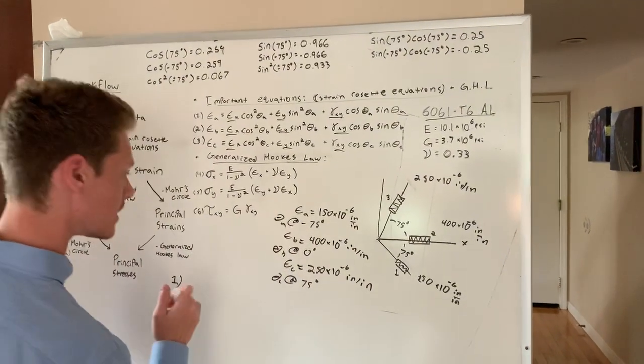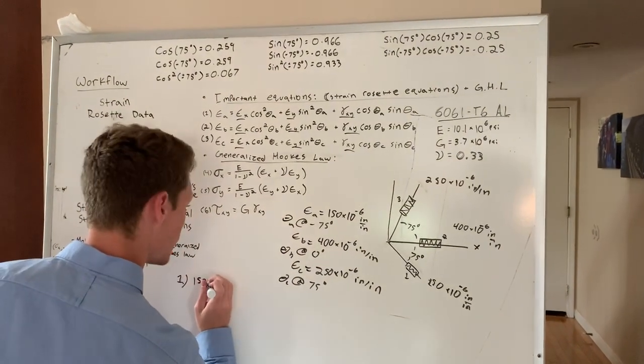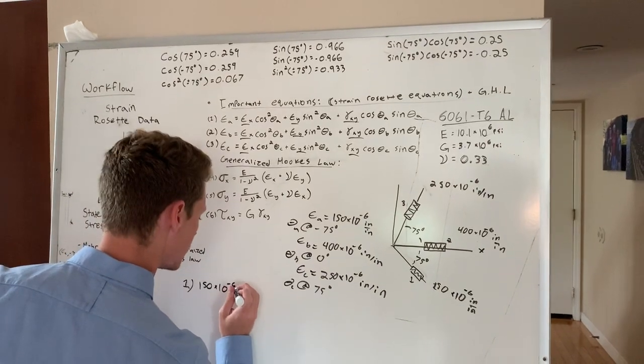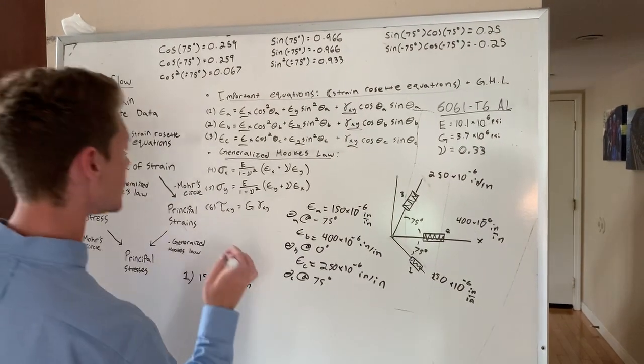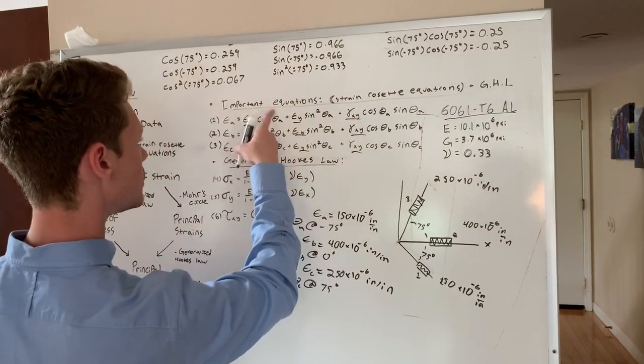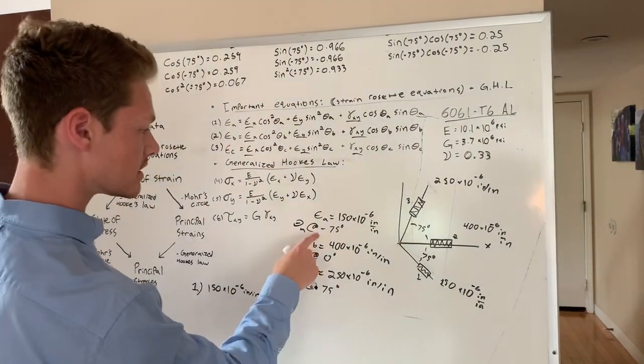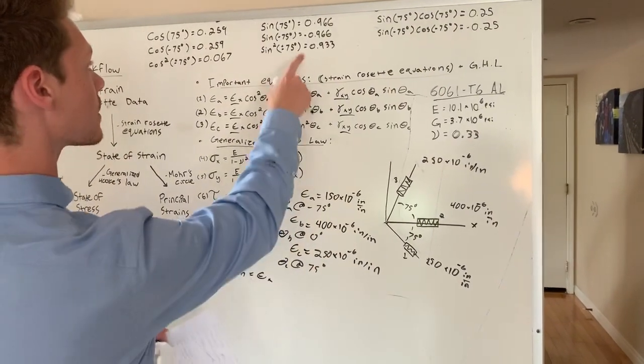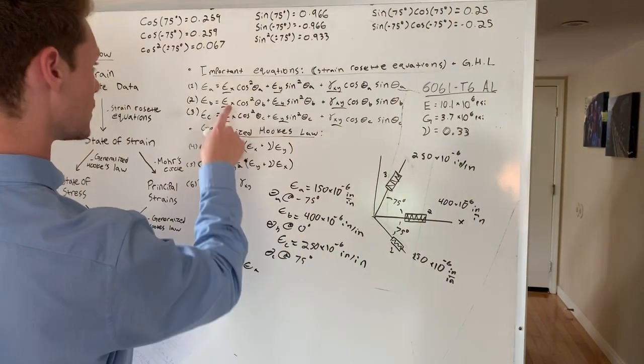Epsilon A, which is right here, 150 times 10 to the negative 6 inches per inch is equal to epsilon x cosine squared theta A. Theta A is negative 75. I put all the cosine angles up here, so we get to look at this.